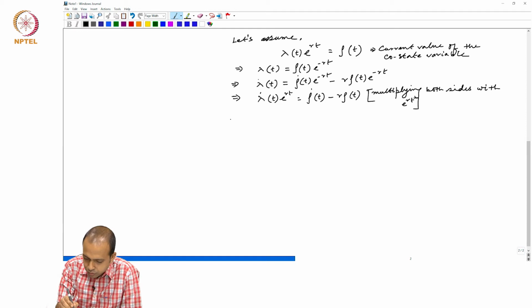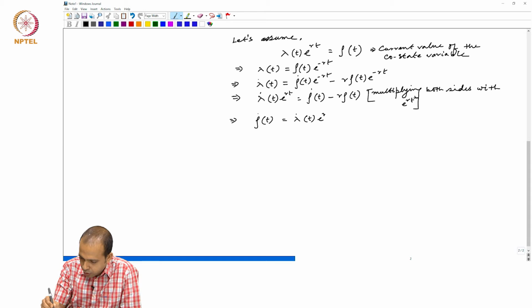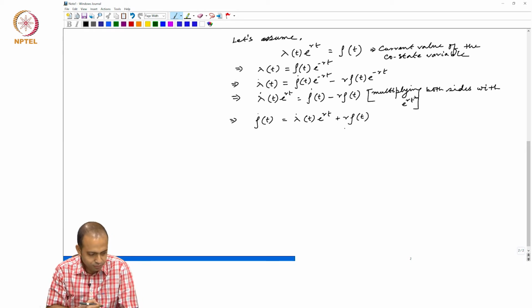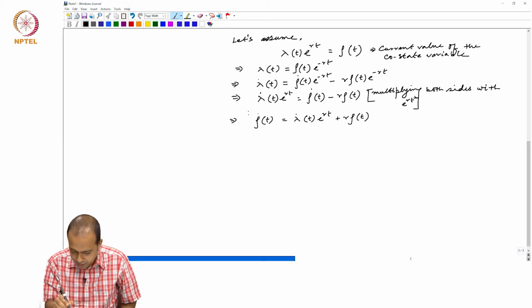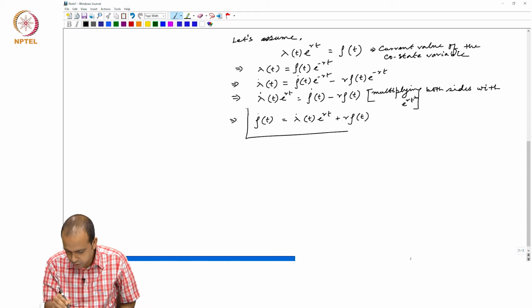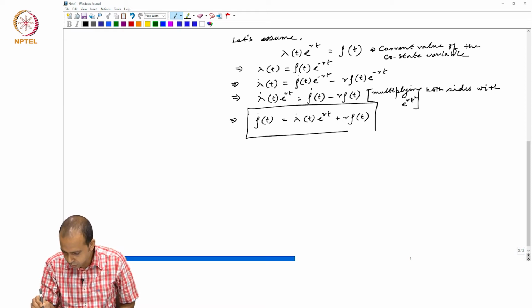So, from here what we can get, rho dot t equals to lambda dot t e to the power r t plus r into rho t. So, this is basically a condition which would be used later on.